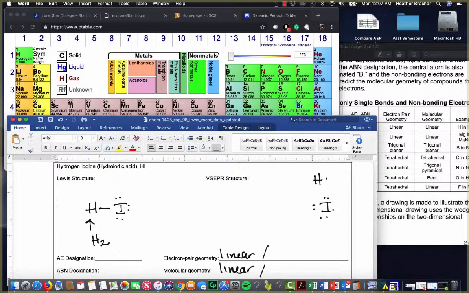If you were looking at the iodine, it'd be a little bit different, right? The electron pair geometry, well, we'd say that it would be 1, 2, 3, you'd have 4. So this would be tetrahedral, and the molecular would be only 1, so it would be linear.